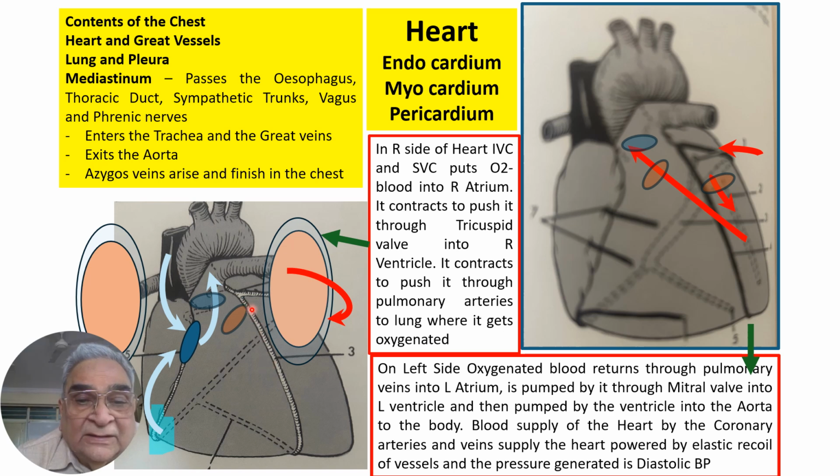Now the peculiarity about these arteries is that if the heart is contracting during systole, the intramuscular pressure is much higher than the arterial pressure. Therefore, the heart will take its blood supply only while it's in diastole, while it's relaxing. And therefore, as the heart rate becomes faster and faster, the systole time cannot reduce, the diastolic time reduces.